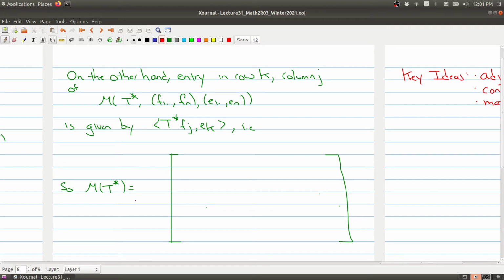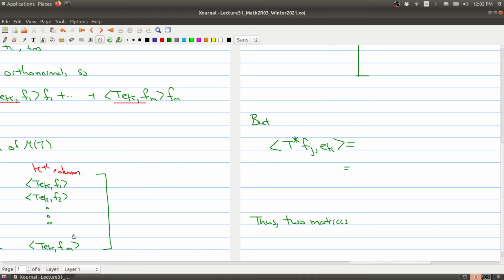So here we'll put the kth row, and in the kth row we will have the inner product of T star F1 with Ek, because the first column is telling us where F1 gets sent. The second column tells me where F2 gets sent, and so on, up to T star Fm with Ek. So this is the kth row, and this is the kth column.